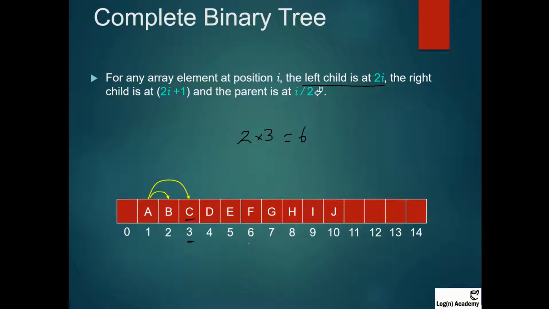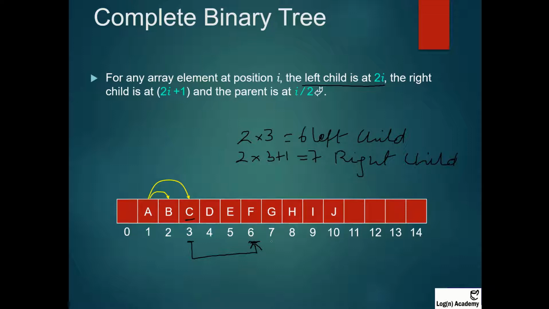So 6 is the left child of C. And if I want to get the right child, the formula is 2 times i plus 1, so it will be 6 plus 1, which is 7. And this will be the right child.